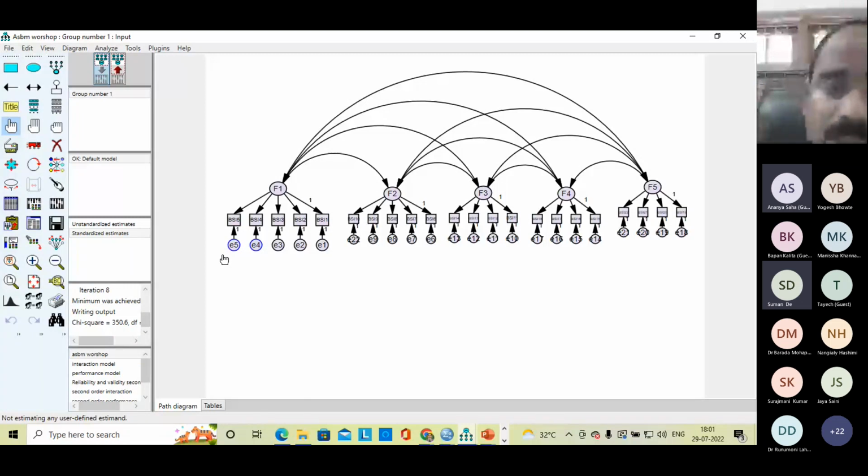What is error? Error is the amount of variance that could not be explained by this indicator for the construct. This error term is the amount of variance of F1 that could not be explained by BSI4. Likewise, this error term is the amount of variance of F1 that could not be explained by BSI3.